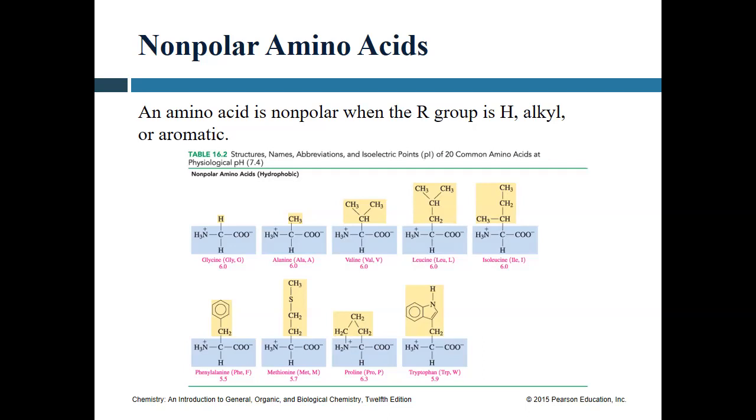So in addition to its name, it is given a 3-letter abbreviation and a 1-letter abbreviation. Now, it is not your job to know any of those, but it is your job to be able to look at a table like this and figure out that if you are given an amino acid chain that says GLY, it means that the first part of that chain is glycine.